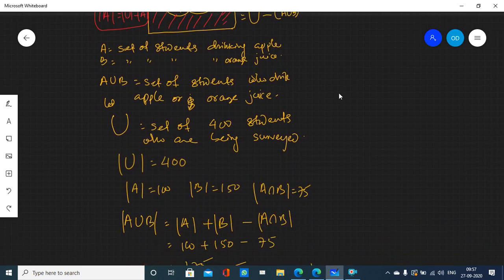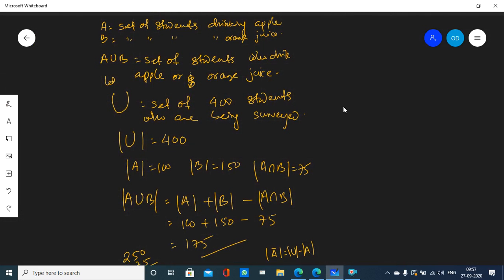You don't need to draw Venn diagrams. Venn diagrams are not necessary, but you can, if you want, in rough, for the sake of your understanding.